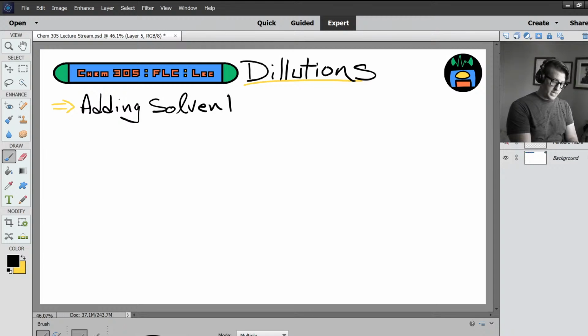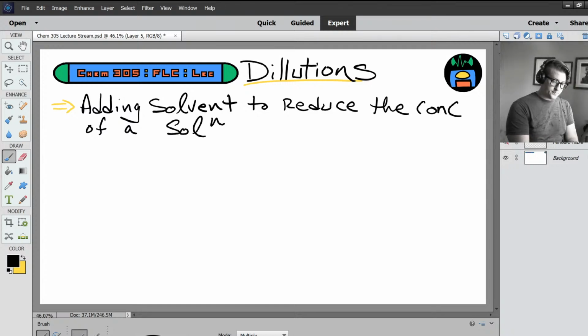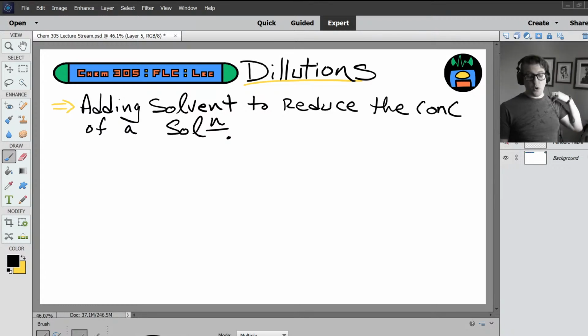It doesn't have to be water, but adding solvent to reduce the concentration of a solution. So, for example, let me dial it back one more step.